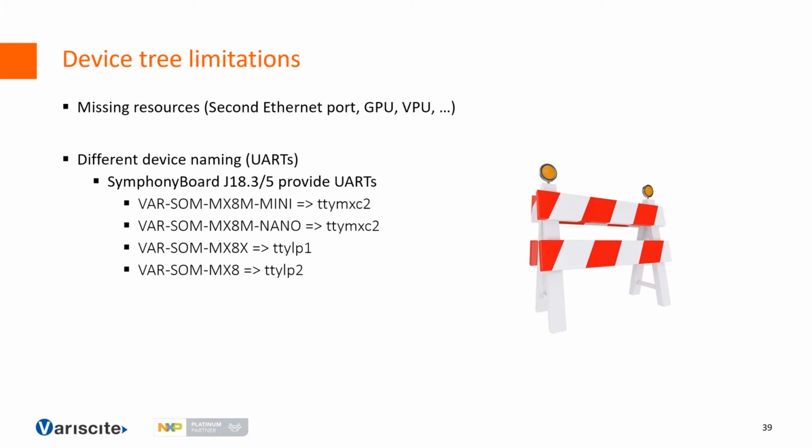For example, on the Symphony board, I reported that on the same pins there is always a UART available, but some may have a different name. For the i.MX6 Mini and the i.MX8 Nano, this UART is called ttymxc2. For the 8X it is referred to as LP1, and for the MX8 as LP2.